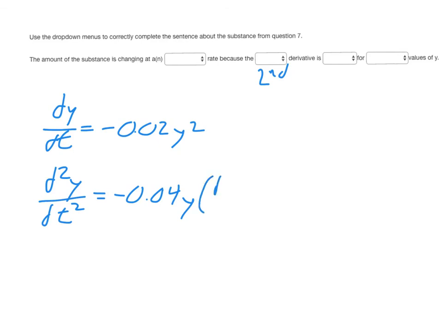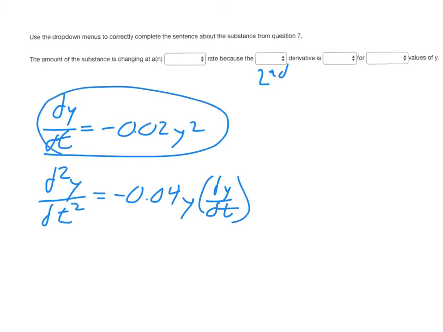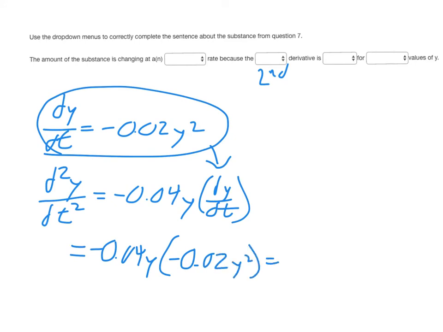So times dy/dt. Well, what's dy/dt? It's this. So this equals negative 0.04 y times negative 0.02 y squared. Simplify that, and we get positive 0.08 y cubed.